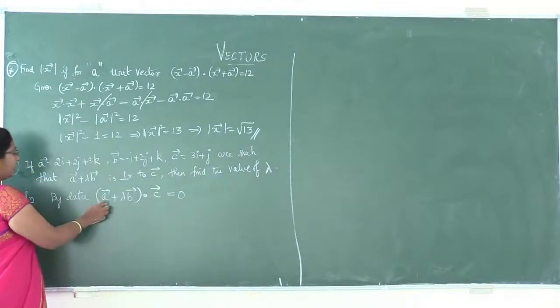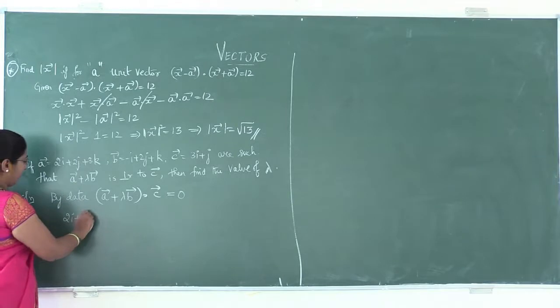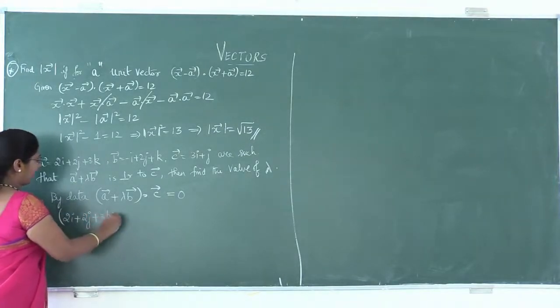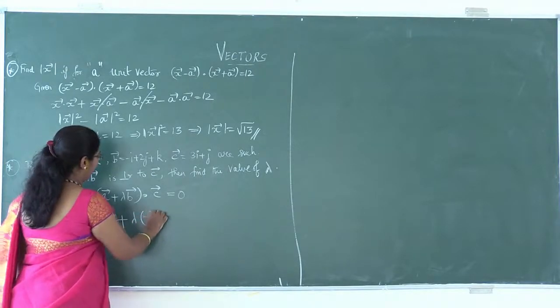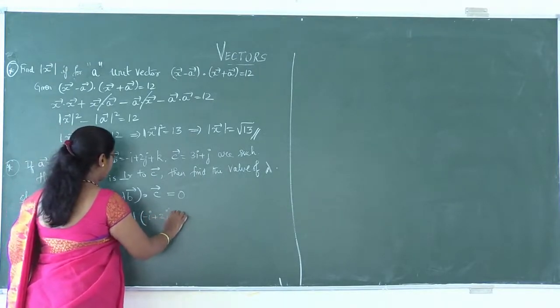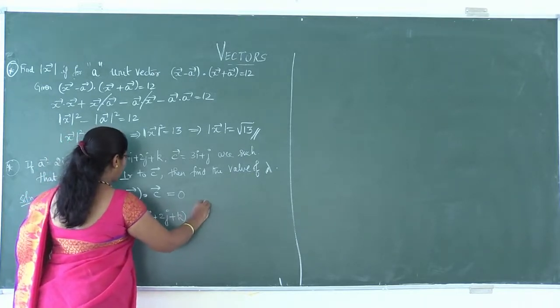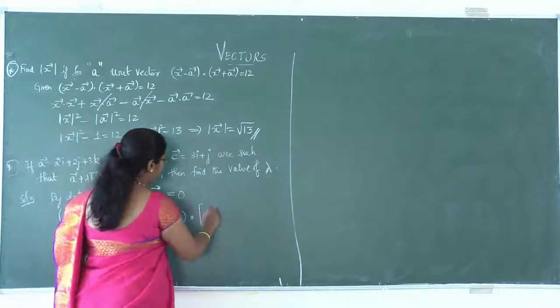Now we shall write what is vector A. What is vector A here? 2i plus 2j plus 3k plus lambda times what is vector B? Minus i plus 2j plus k, dot product with what is vector C? 3i plus j.